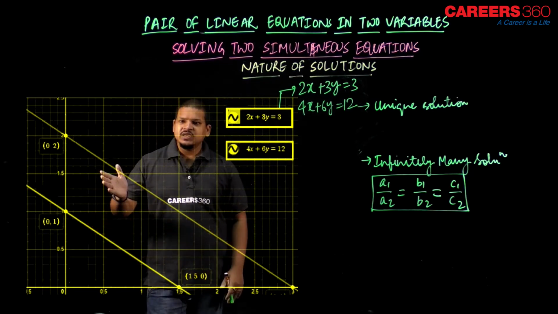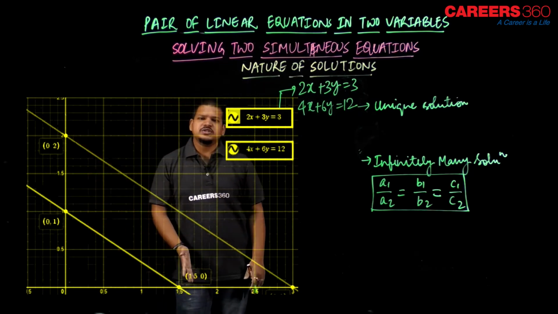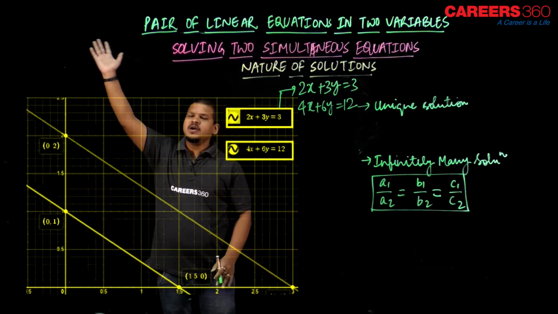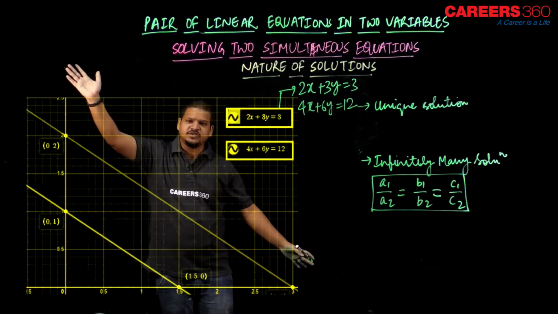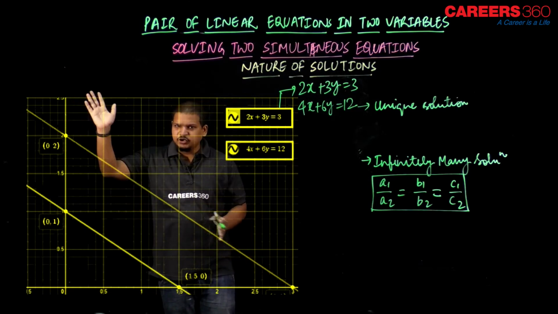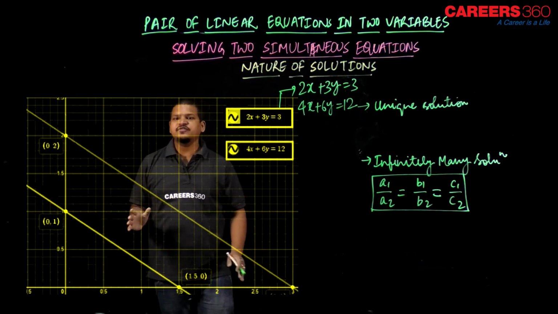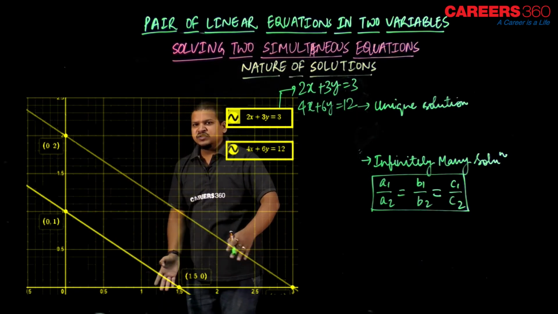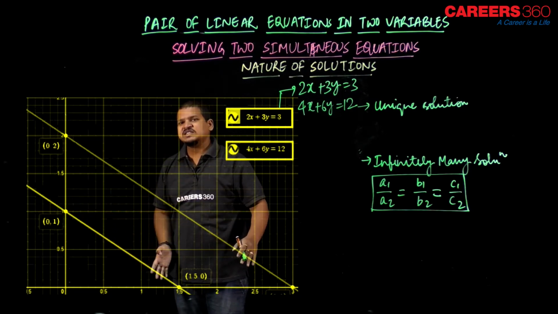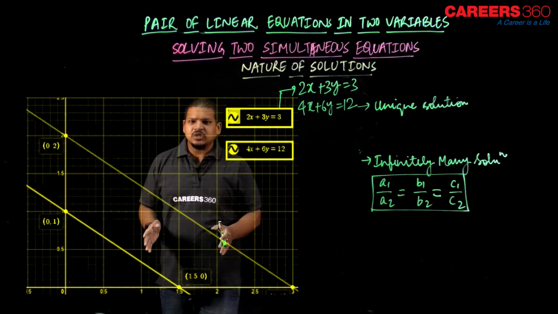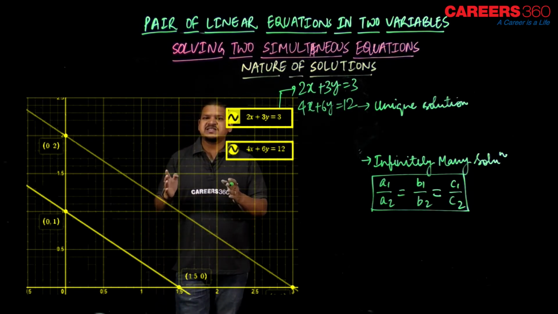And as you can see, these lines are parallel to each other. They will never intersect each other, right? From negative infinity to positive infinity, right from this end to that end, if you extend this graph, they will never meet. This is just like in the real world, have you seen the lines on which the trains run?